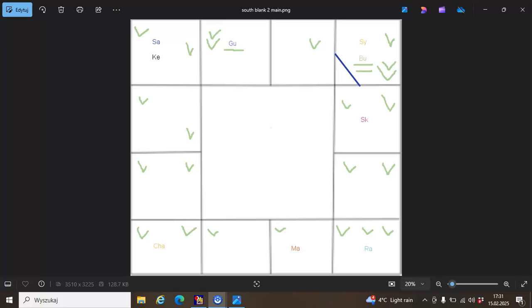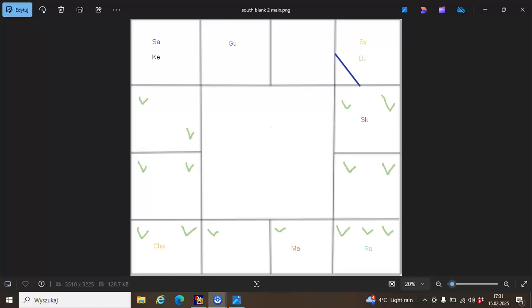Okay, let me just clear that picture right now. Just give me a second and we'll come to the second cycle. As we finished our first cycle, we counted the years for the Mahadasha of Mithuna, which was our first Mahadasha.